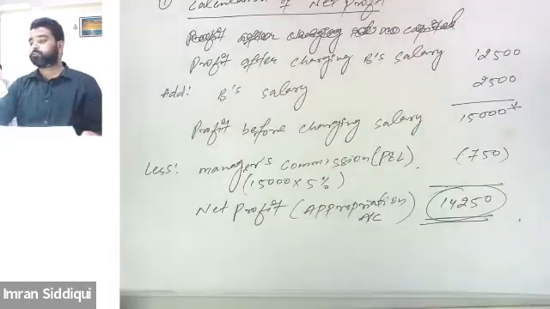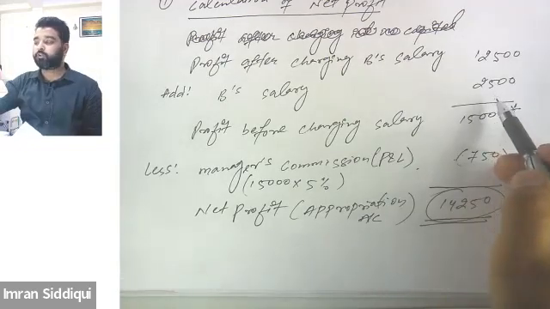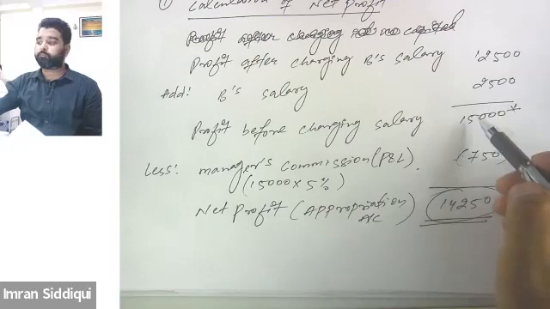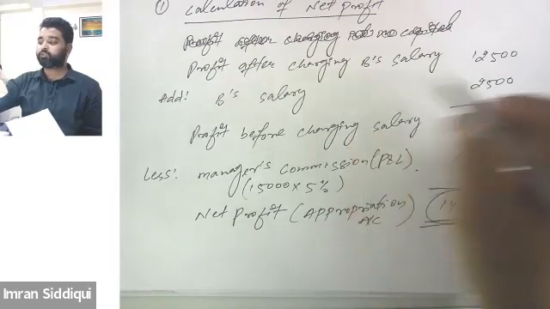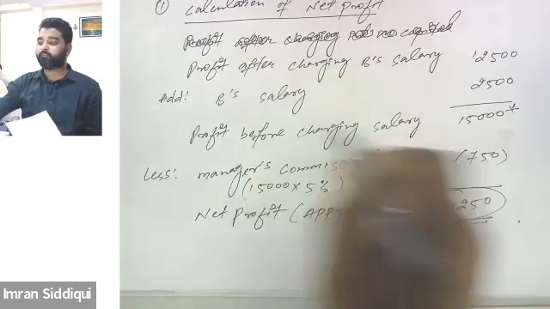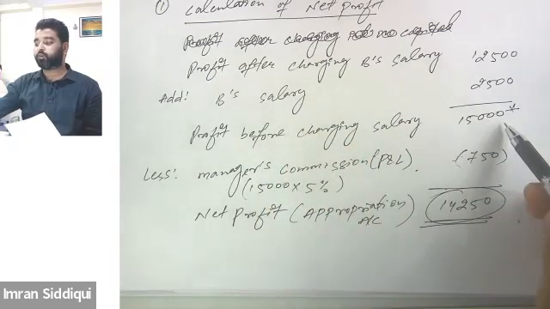Why are we adding B salary first of all? Because we need to find out the value of the profit before interest on capital and salary. Since salary is already deducted, in order to find out the profit before salary, we need to add back the salary. Therefore I'm adding it, and we got 15,000.